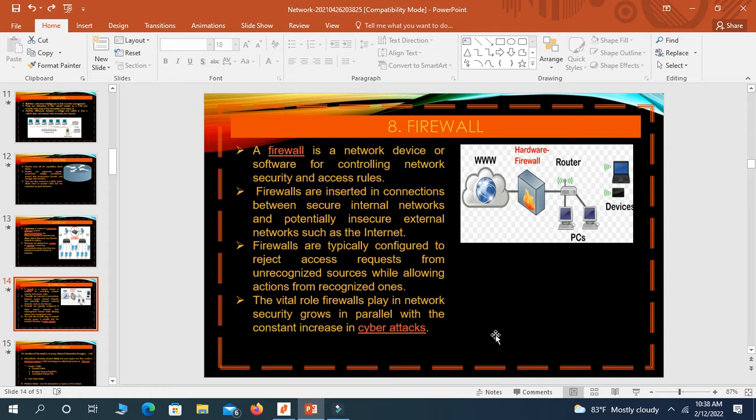Until and unless the identity is verified, the security guard is not going to allow that visitor to the office compound.